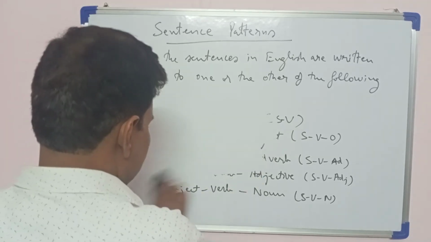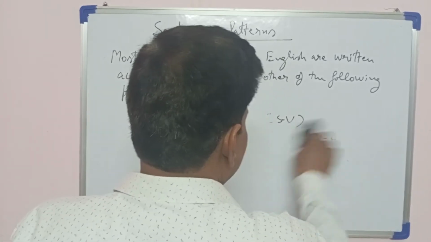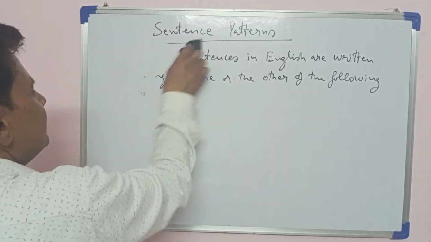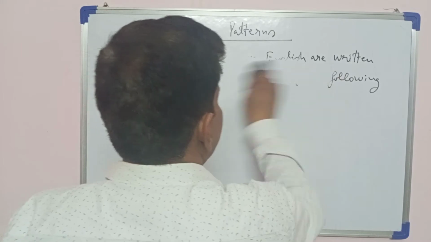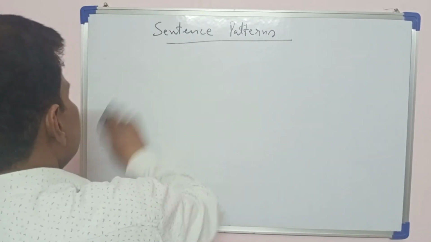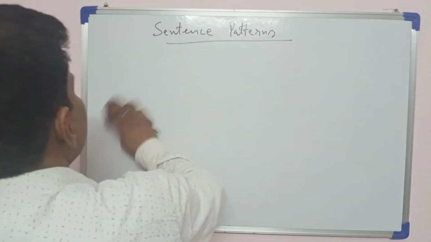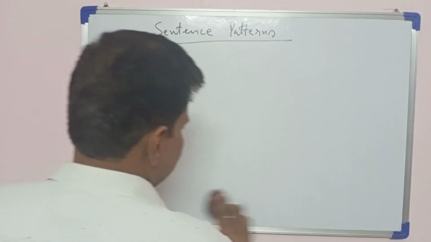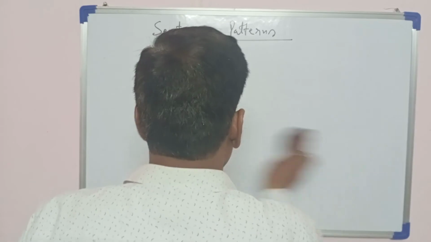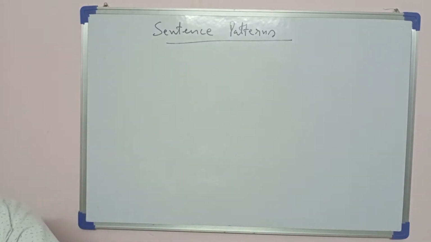First one is subject verb pattern. So let's understand it through examples. This is the most popular pattern and it is very widely used by most of us regularly in our oral and written English.